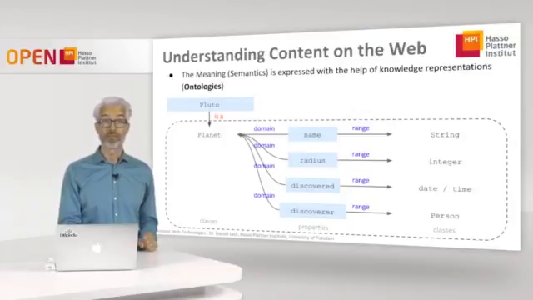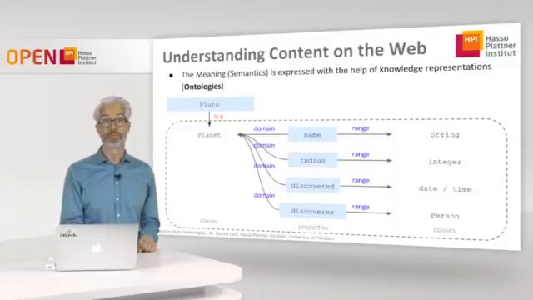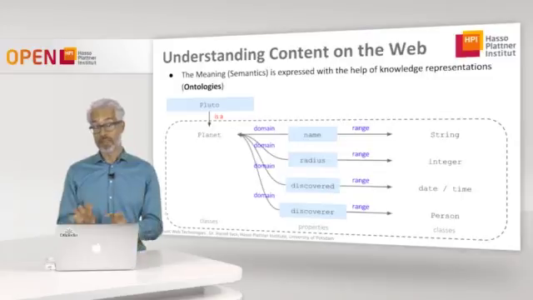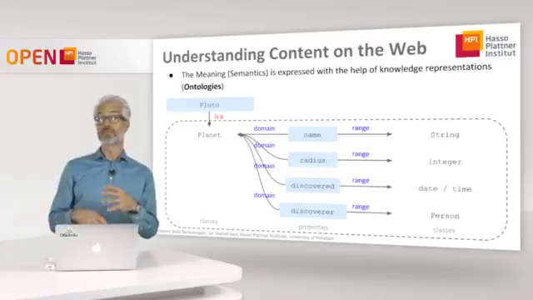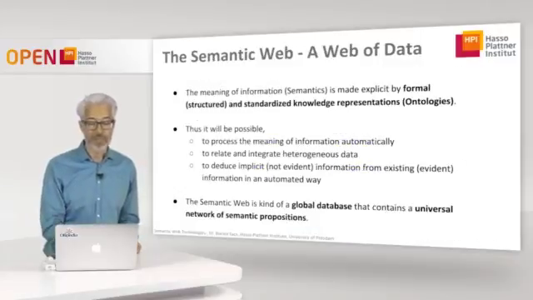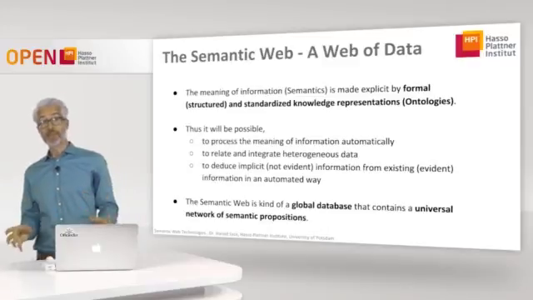For example, for Pluto, the planet name would be the string Pluto. Or the discovery date of Pluto was in the 1930s, so this would be 1930. With this data, with these specific properties, we describe what the entity Pluto really means.